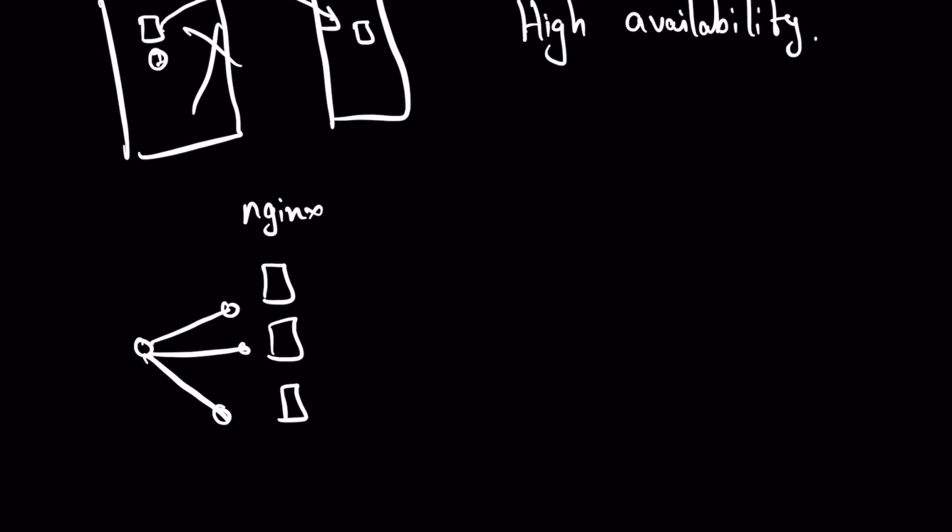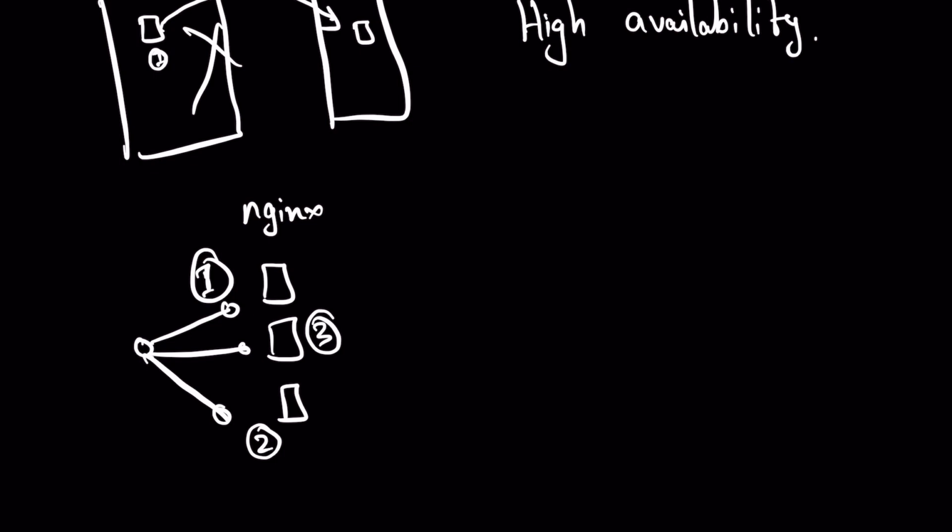So for example, user 1 might hit the container at the top, user 2 might hit the container at the bottom, and user 3 might hit the container at the center. So a lot of good things can happen with container orchestration.